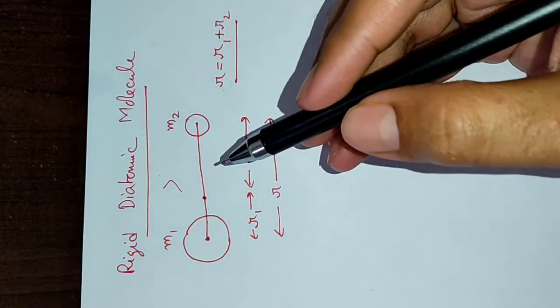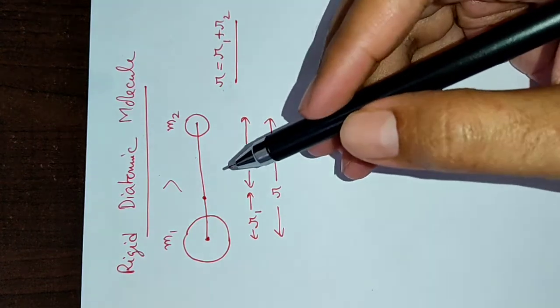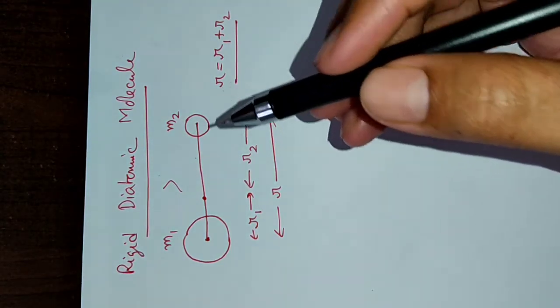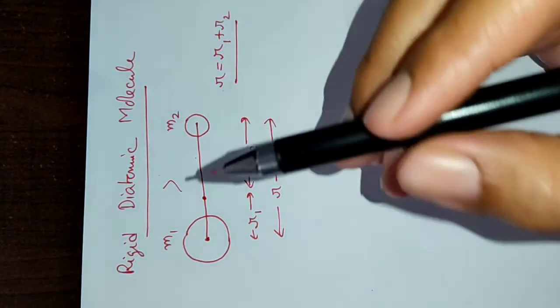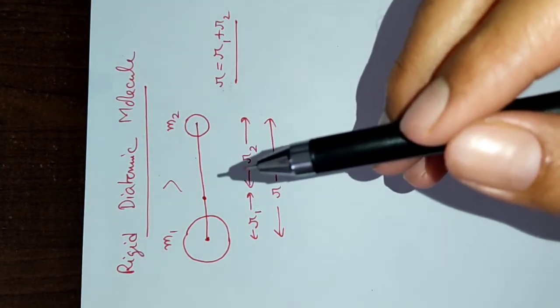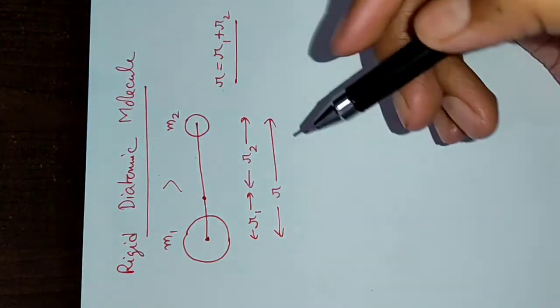Now consider the bond to be rigid. However, this is not what happens in reality. Real bonds are elastic, but we will first study the rigid molecule, then we will put the criteria for non-rigidity. Otherwise it will be difficult for us to solve the problem.